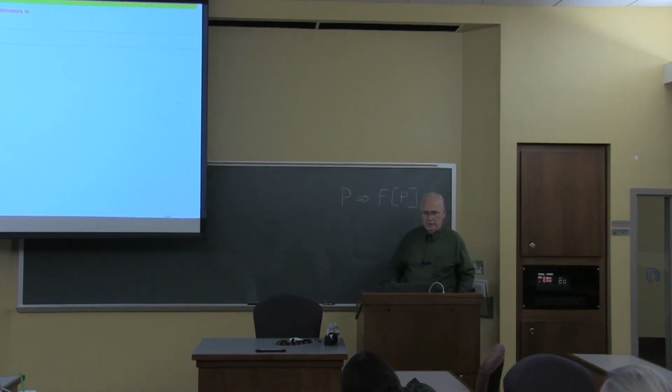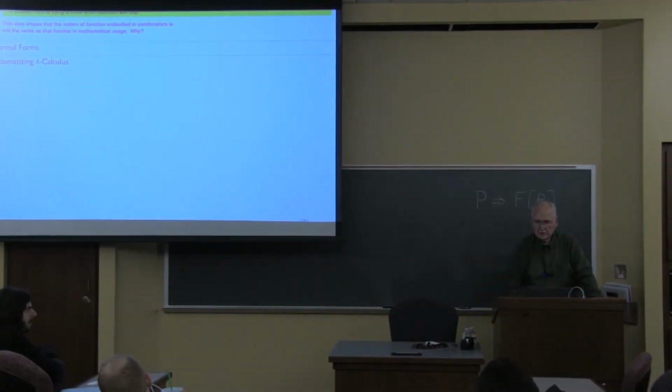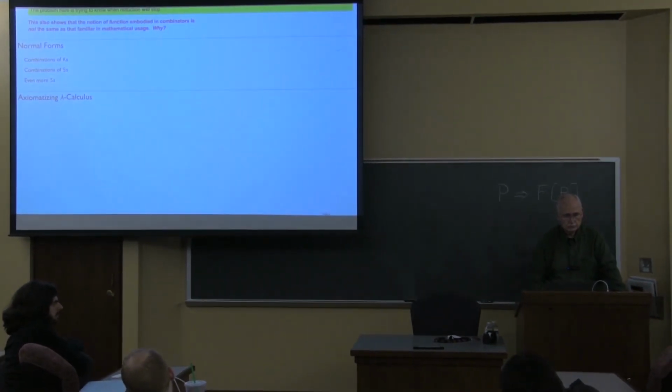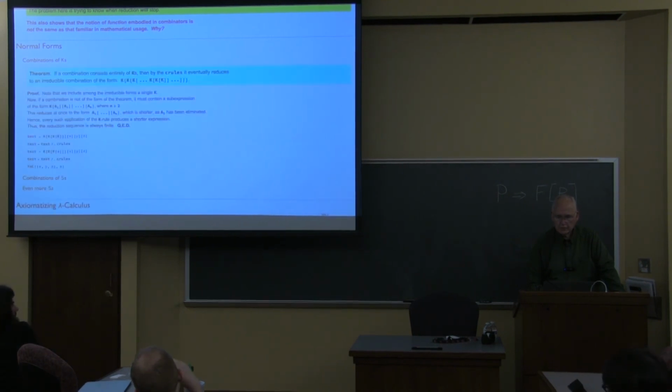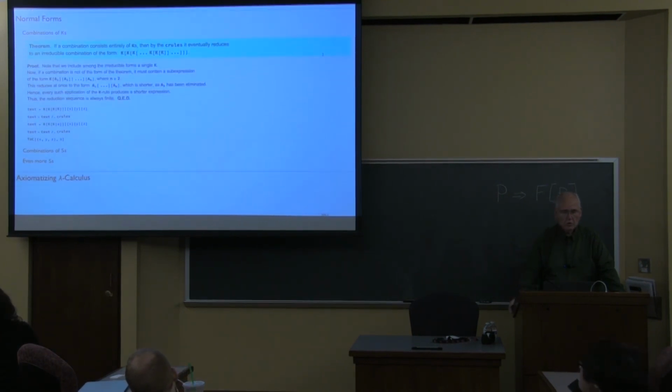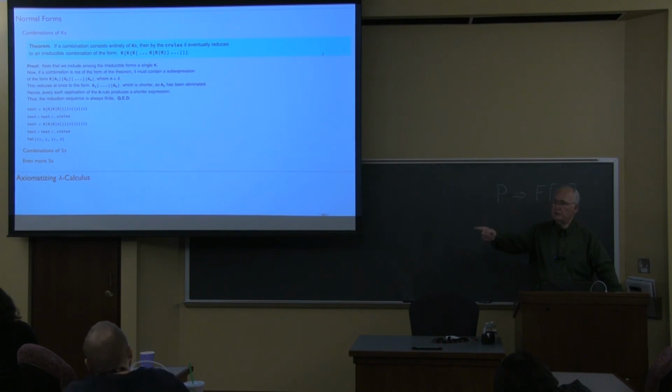I think we're making fairly good progress. I'll just give you a couple of examples here about normal forms. Normal form means when you do the rewrites, eventually they stop transforming the things. Did you have a question? Yes, over there.